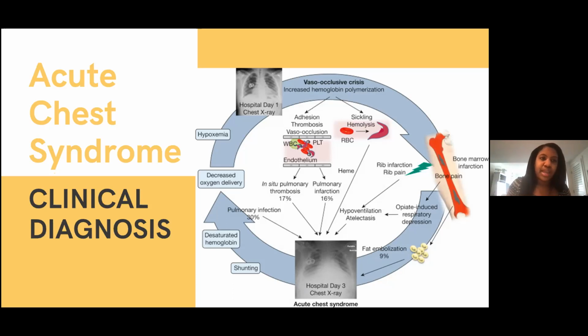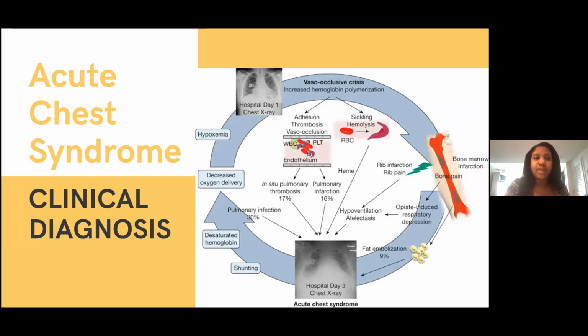When patients are in pain, if they have bone infarcts to their ribs, they might be splinting and hypoventilating, which puts them at risk for infection and ACS. And also it's hypothesized that bone marrow necrosis from vaso-occlusion in the long bones leads to marrow fat embolization in the lungs, and then parenchymal ischemia and infarction.